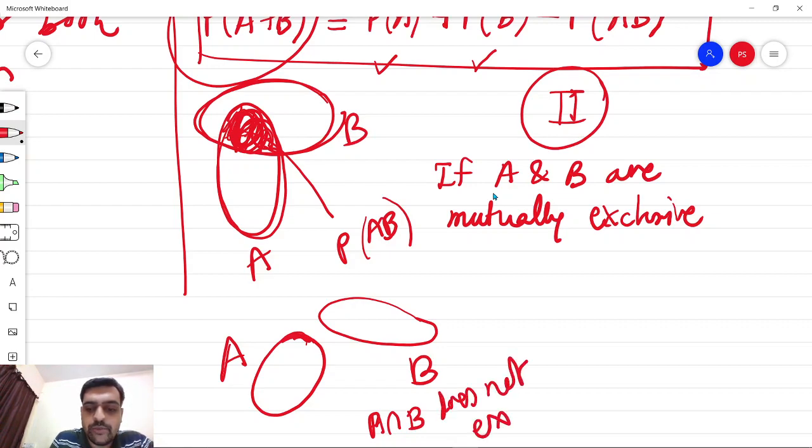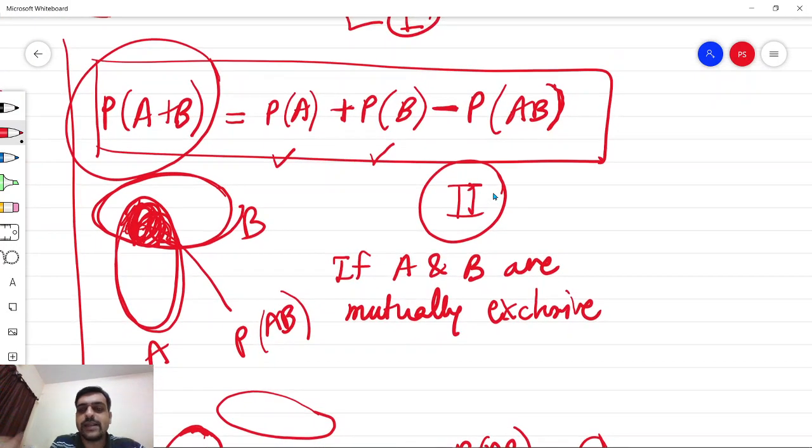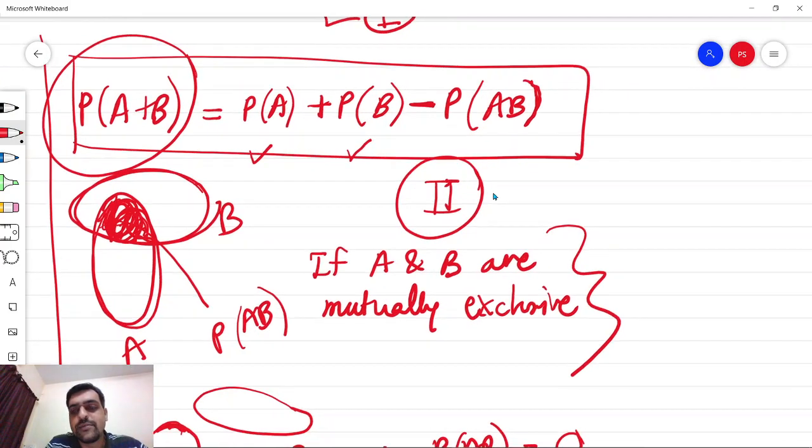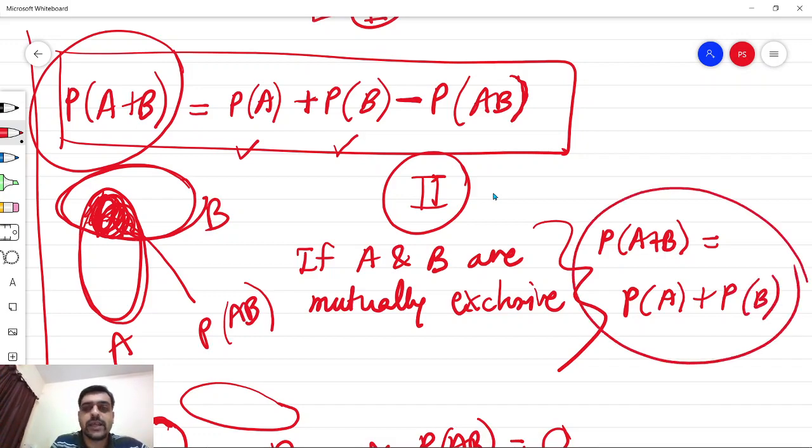So nothing is common between them. In that case, P of AB, the probability of happening of both the events, is going to be simply 0. So the second theorem also gets modified when A and B are mutually exclusive as P of A or B is equal to P of A plus P of B. This is the special case of this second theorem.